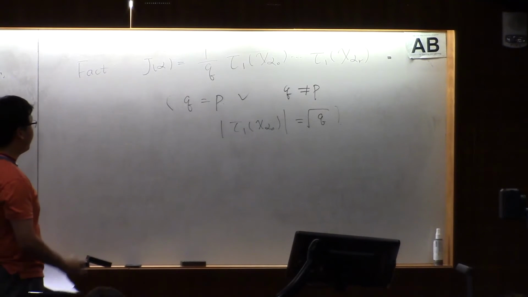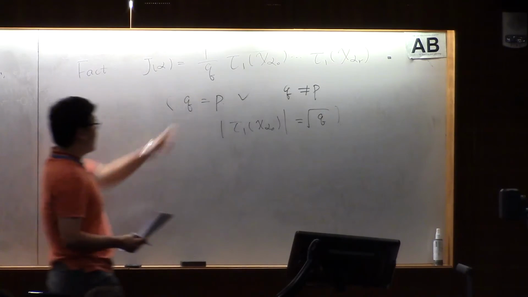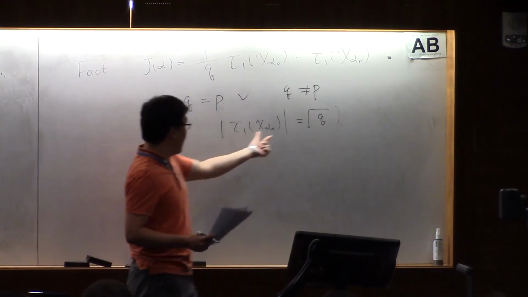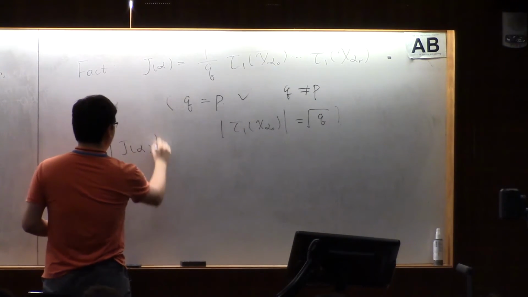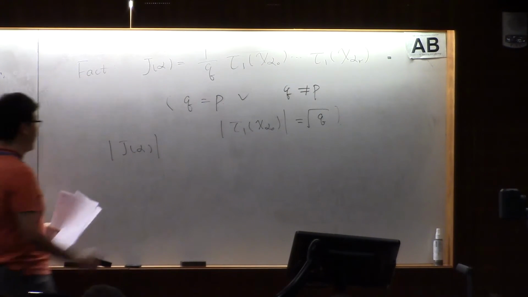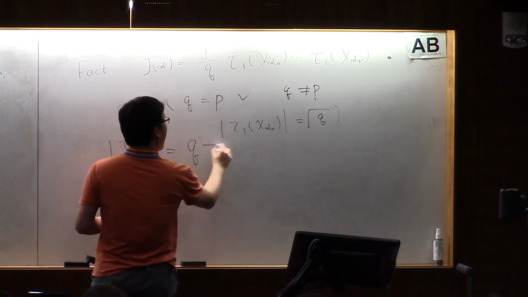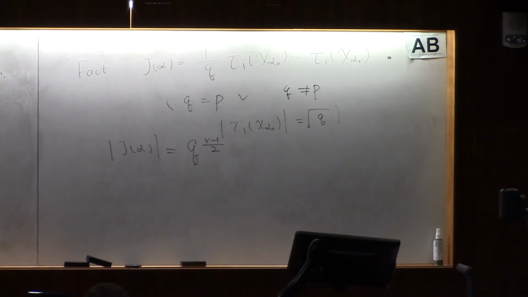This is pretty good, because we know that each of these Gauss sums has absolute value square root of q. So the absolute value of each of these Jacobi sums should be q to the (r minus 1) over 2. That means we have a bound for this term.